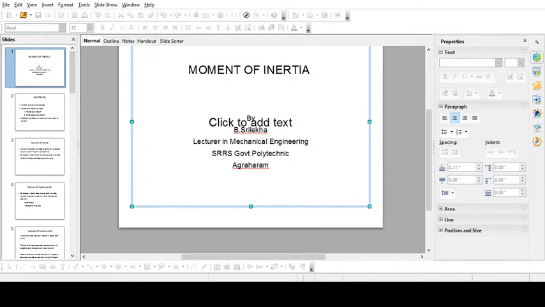So if this first moment of area is multiplied by the perpendicular distance, then the product is called second moment of inertia. Okay, so simply you can say that the moment of inertia of an area is the product of the area of the section and the square of the distance of the center of gravity of the area from that particular axis, right?